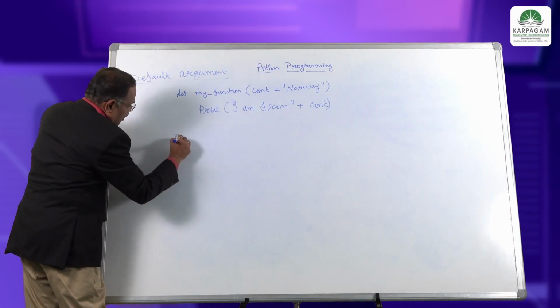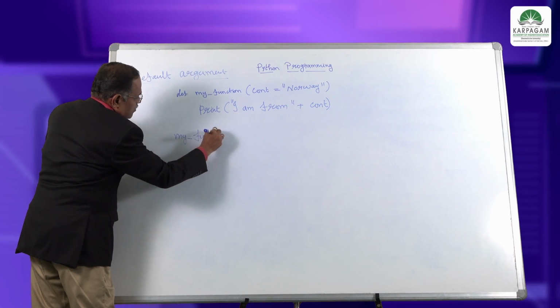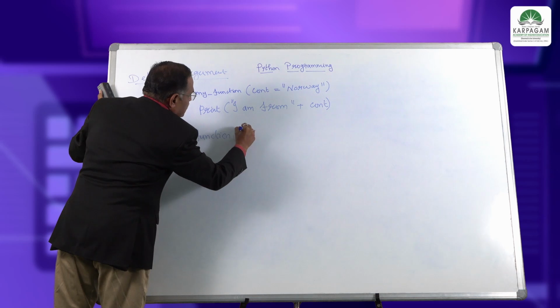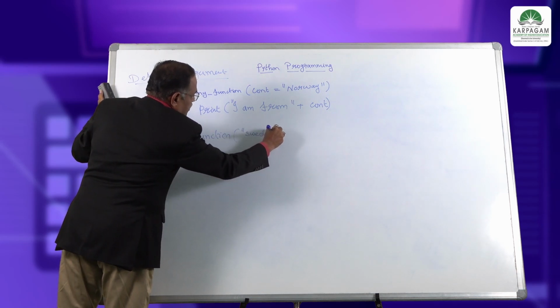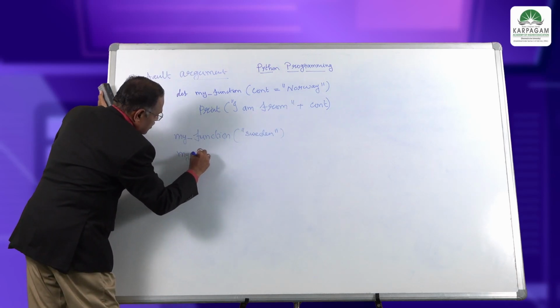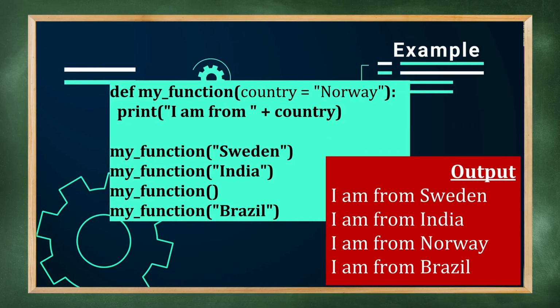Now I am going to call my function and give Sweden. Then I am going to call my function with India.